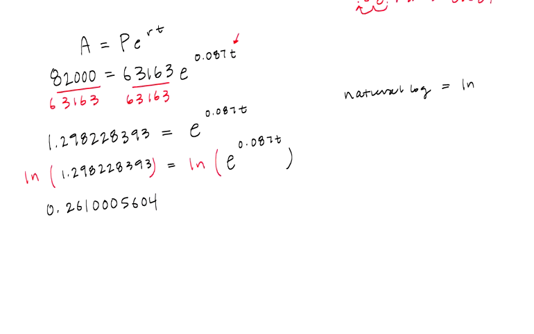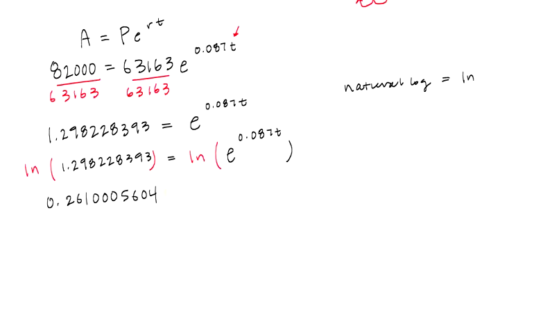I'm going to give myself a little bit more room here. As for the right-hand side, when we natural log the expression e to the power of 0.087t, what this allows us to do is move this exponent down in front as a multiplier.